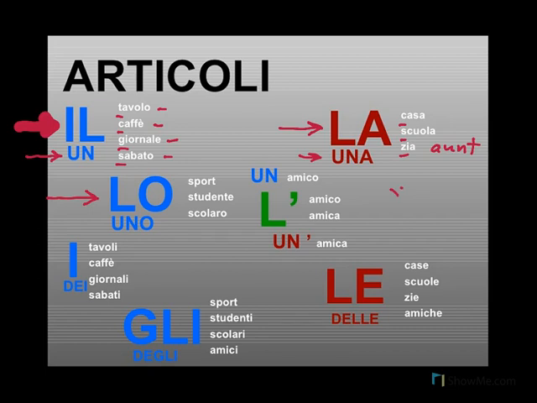For example, Y. There is no Y in the Italian alphabet, and yogurt starts with the definite article lo: lo yogurt. So we have here lo sport, double consonant, lo studente, double consonant, lo scolaro, double consonant.